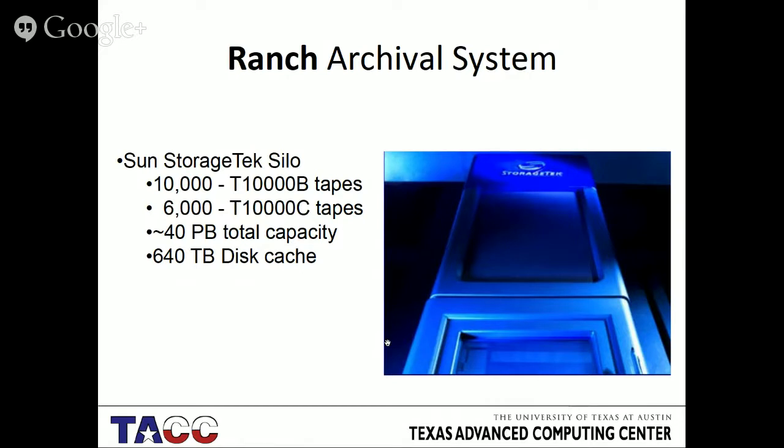I'm not sure. But the thing to know about Ranch is you put your data, you log into Ranch, it looks like a regular file system. Okay? You ls, you see a file. You go to access that file, or let's say you go to copy that file off and it takes forever. Well, what's happening is if the file sat there for any amount of time, maybe a few hours, it's been archived to disk. I mean to tape.